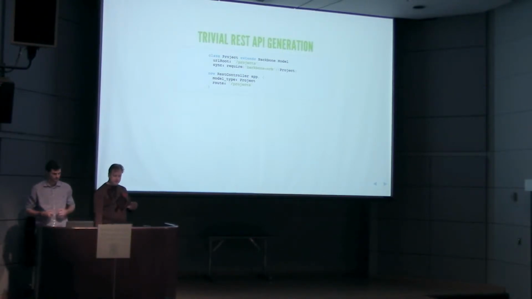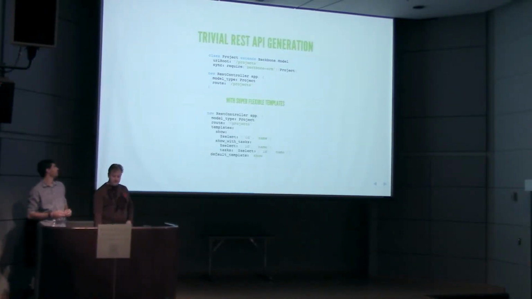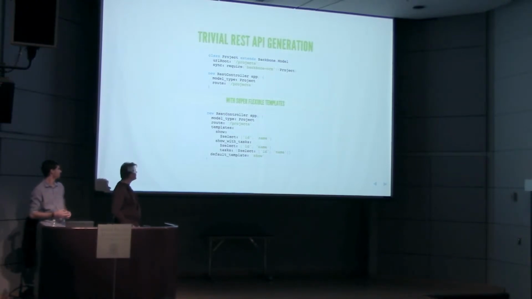Also, one thing that's pretty cool that we borrowed from somewhere else was the idea of having a way to define a JSON DSL so that you don't have to write a lot of lookups to customize the JSON. So here's a more advanced example of a controller. It's got the same start here: you've got the project, the route, and then you've got some templates.